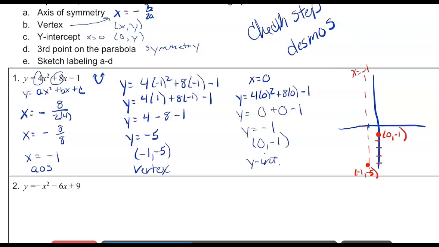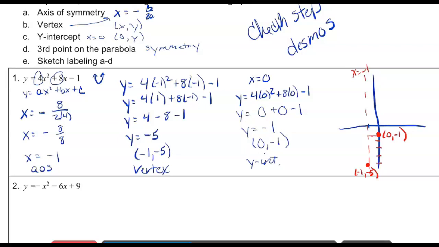Remember, this U is symmetric. So we know that if there's a point on the right-hand side of the axis of symmetry, there has to be one on the left-hand side that maintains symmetry. So it's going to have the same height. So if it's at -1, the other point will be at -1. And how far am I from here to here?